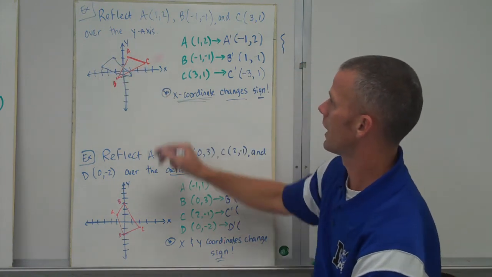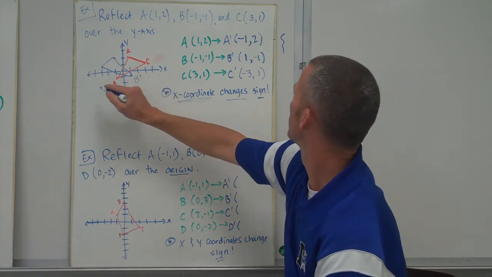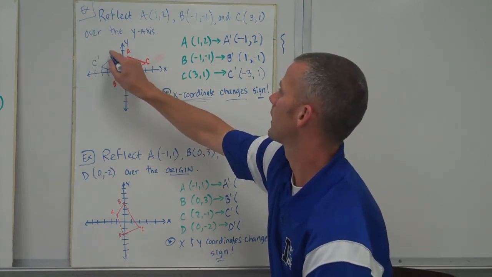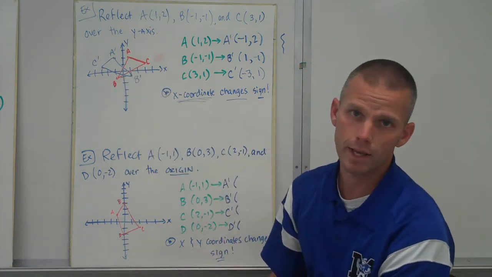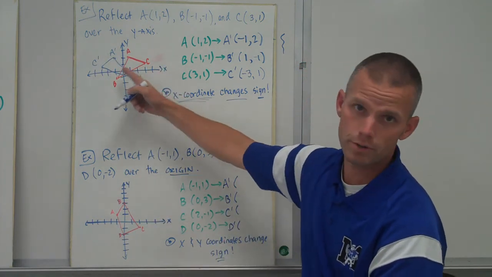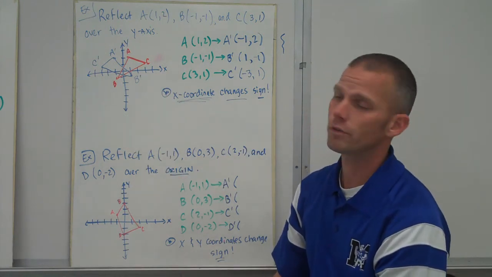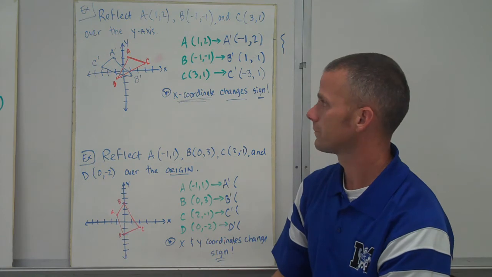So there's my new triangle. Here's B prime. Here is C prime. And there's A prime. And we put the primes here to distinguish between the original ordered pairs and the brand new ordered pairs. So that's how you reflect something over the y-axis.